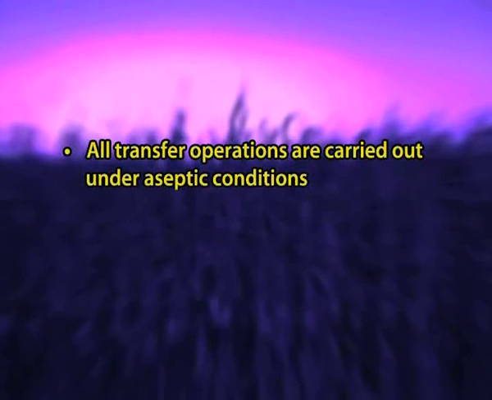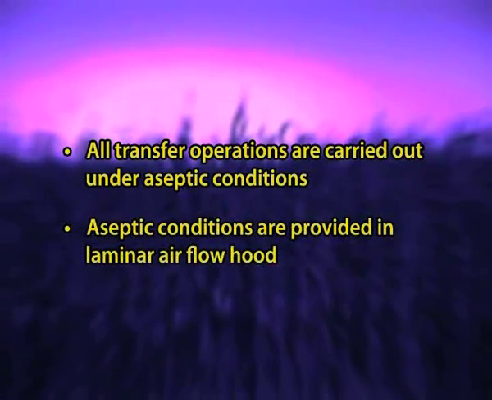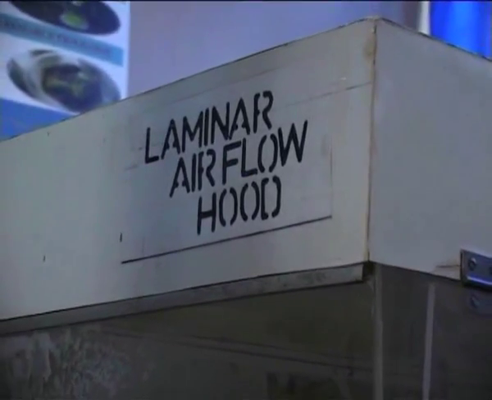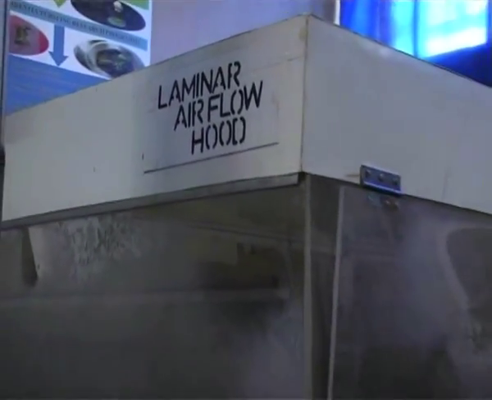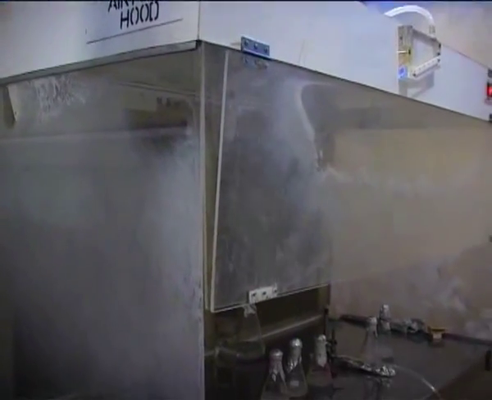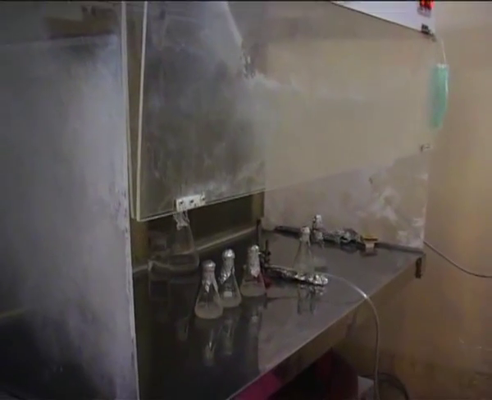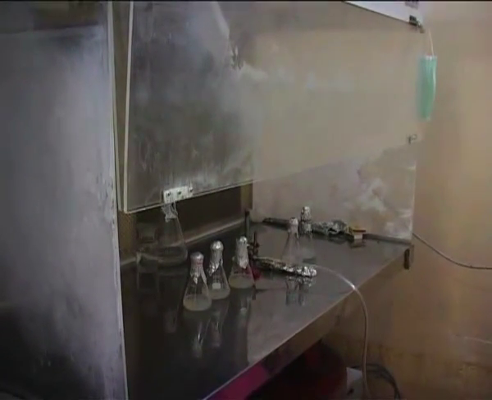The fourth step of plant tissue culture technique is inoculation. All transfer operations are carried out under aseptic conditions. Such aseptic conditions are provided in laminar airflow hood. Laminar airflow has a motor that blows air which passes through filters that remove the particulates from the air so that ultra clean air flows through the work area.